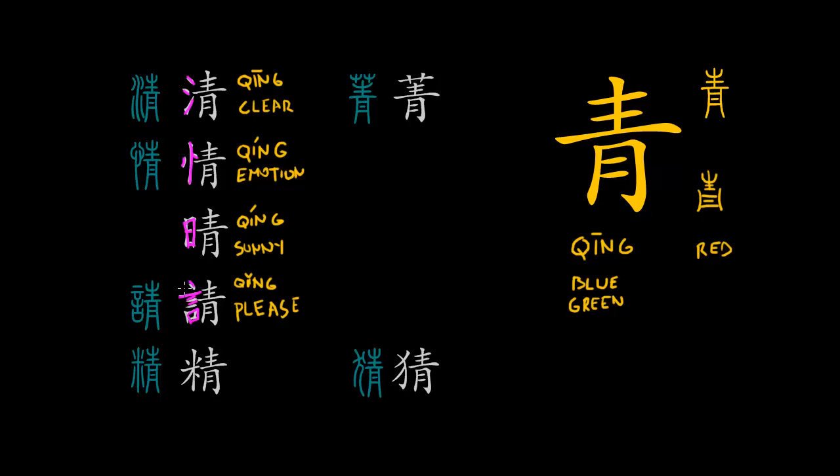Yan is present in characters that either have something to do with saying something, or present in characters just like this one. They are sort of more like grammar particles in a way than real words. So this is again yan, semantic element.